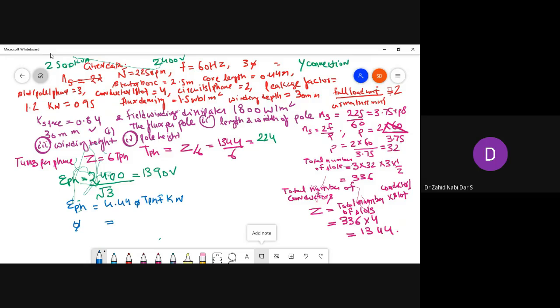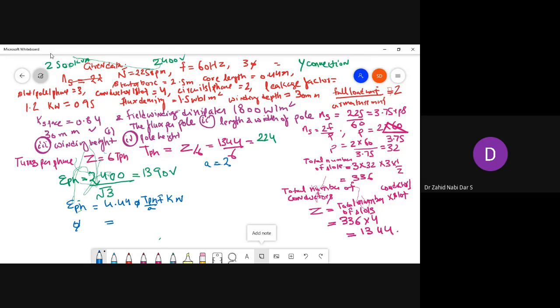One more important thing is that it has circuits per phase equal to 2. So here you have to take a factor of a. T phase is divided by a because there's not a single circuit, so this a value would be equal to 2. This is essential in this problem.